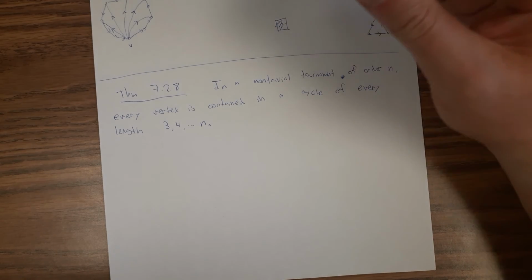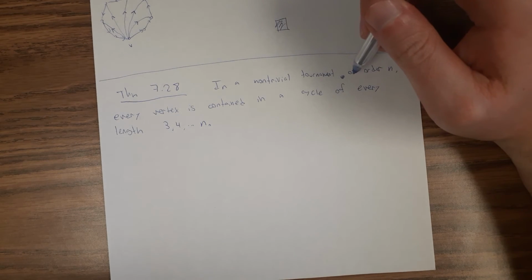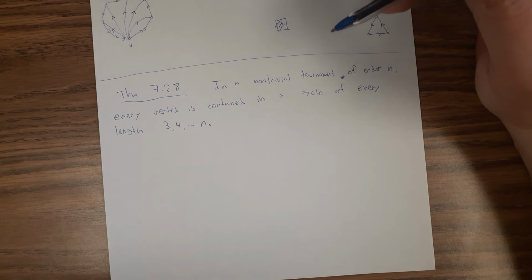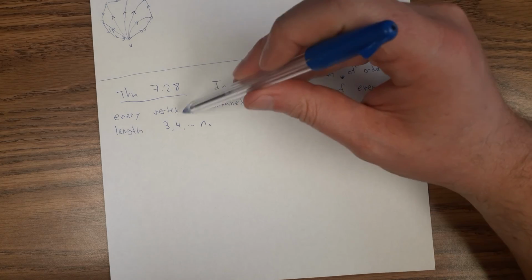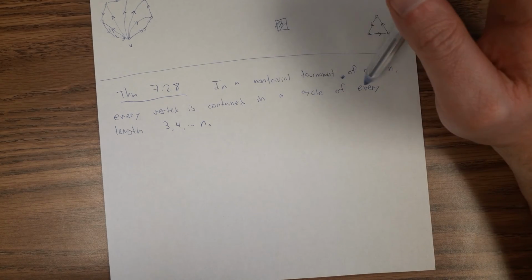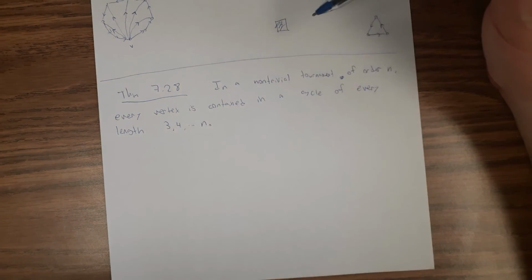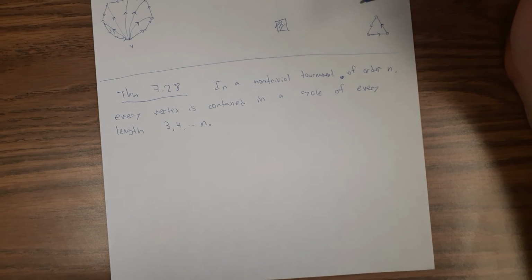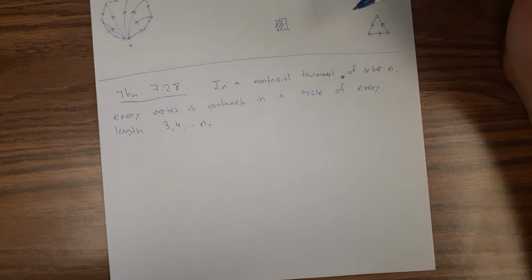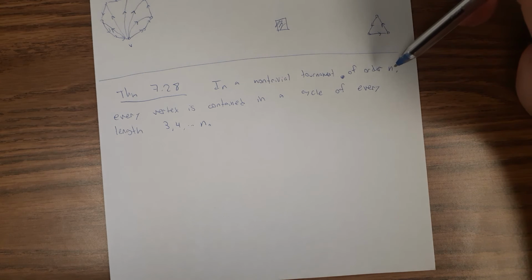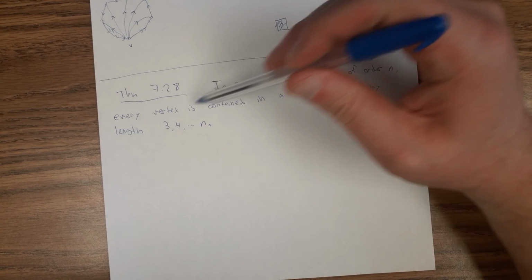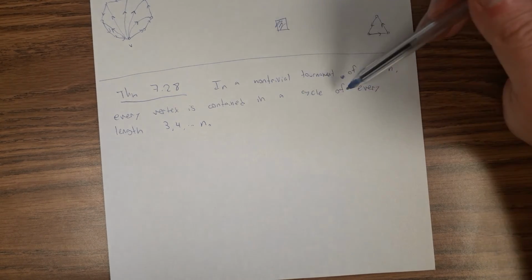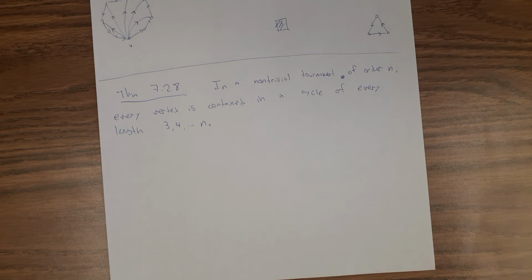And so this is the last thing I wanted to show you. In a non-trivial tournament of order n, every vertex is contained in a cycle of every length from 3 all the way up to n. So give me a non-trivial tournament, and give me any vertex and any length of a cycle.